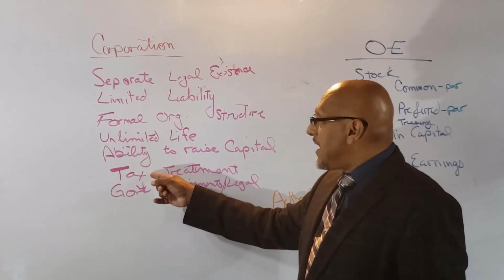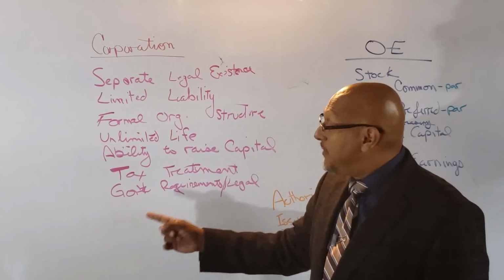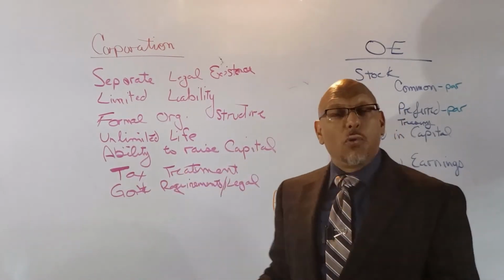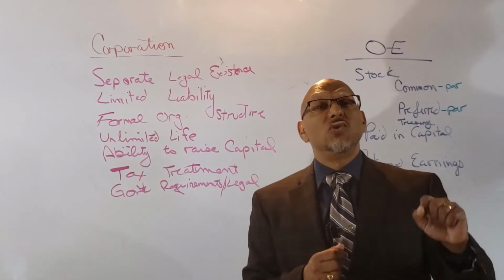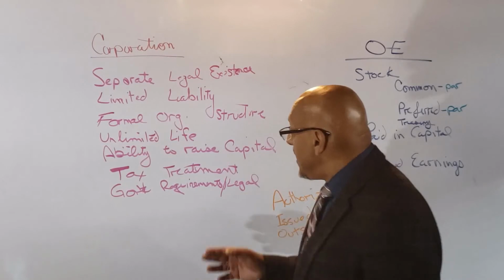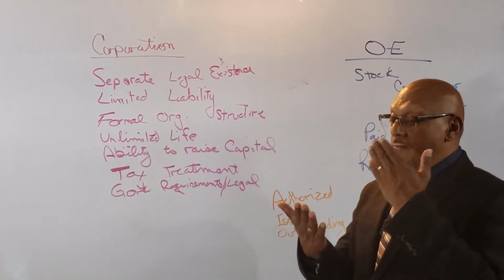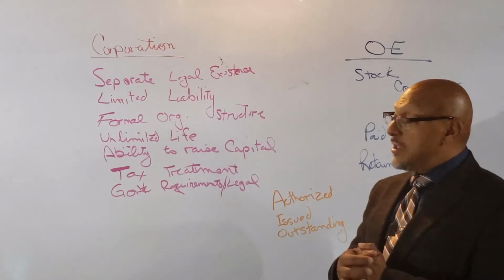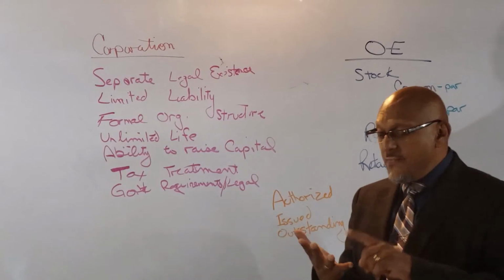So there's a tax charged to corporations that they have to pay for their income or revenue at the end, and then that portion of revenue or income, net income, that they distribute to shareholders, it's charged at the shareholders' tax rate again. And the government requirements, the state government usually, requires a filing of articles of incorporation, financial statements.